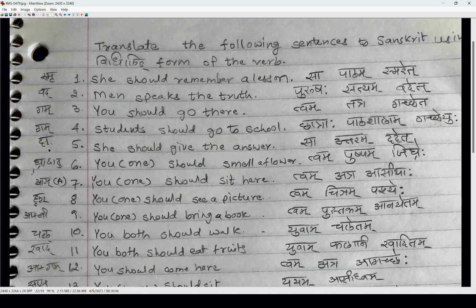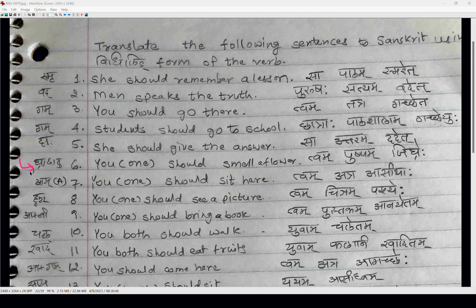In that case you can use yachate, yachete, etc., which is giving. Then vidhiling it becomes yachet, simple one. Otherwise, if you want to use da, you can use dadyat, which is the juhotyadi. Okay. Next one.